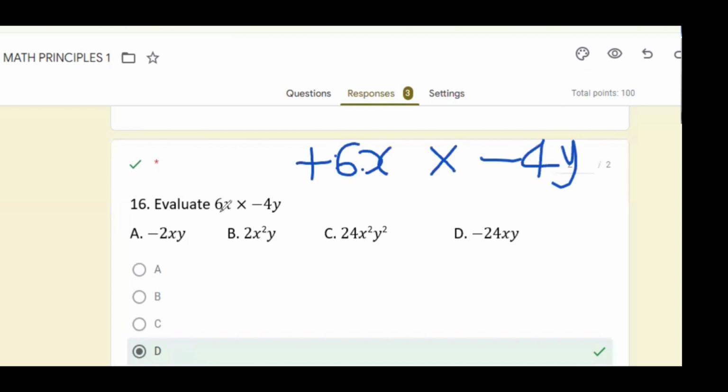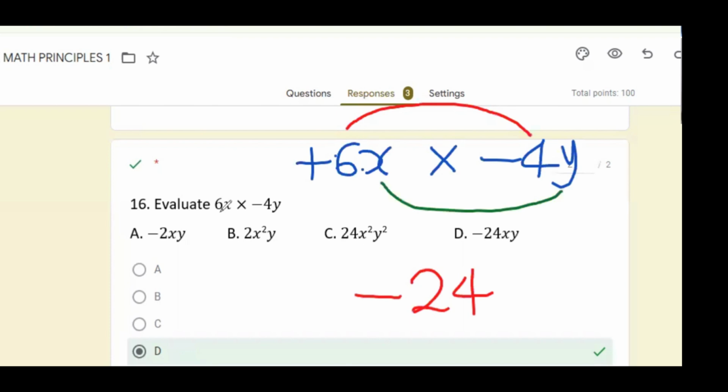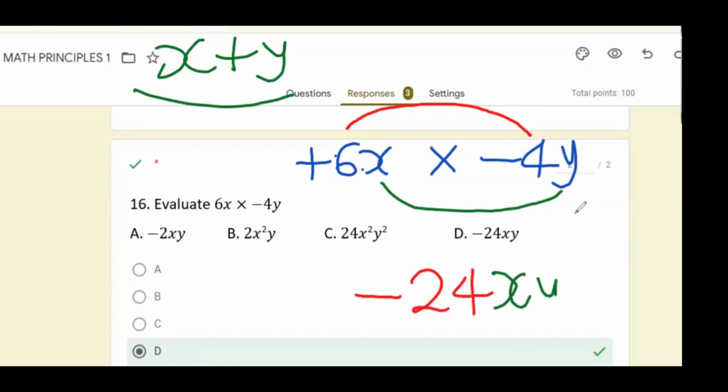Positive times negative is negative, and 6 times 4 is 24. Then x and y will multiply. If you are adding x plus y, you say not like terms because they are not of the same kind. But when you are multiplying, x times y will simply give you xy. So eventually it will give you negative 24xy.